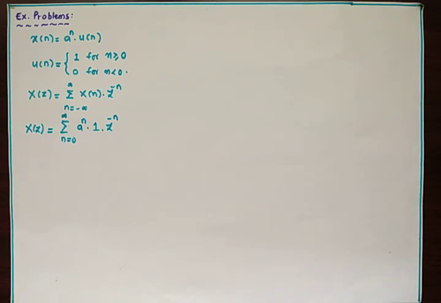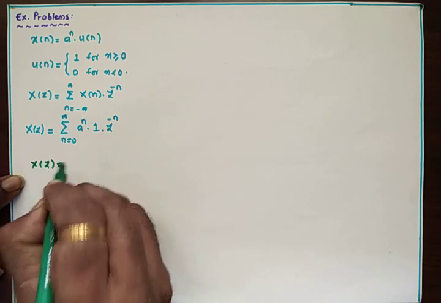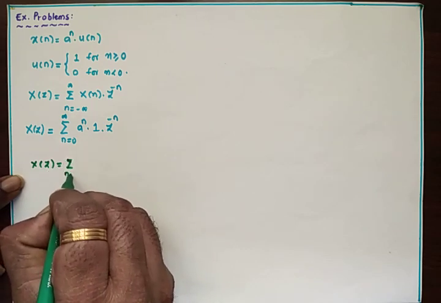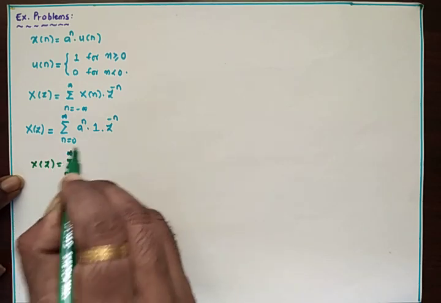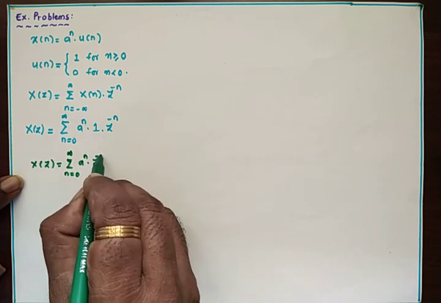So now I am going to simplify this one, that is x of z is equal to sigma n equals 0 to infinity of a to the power of n into z to the power of minus n.